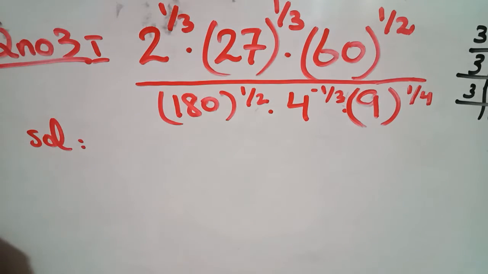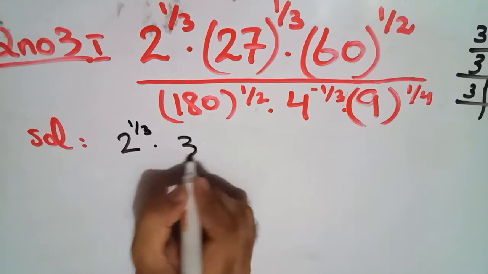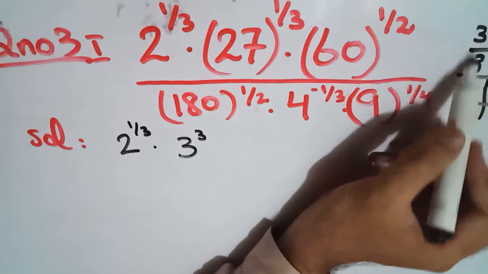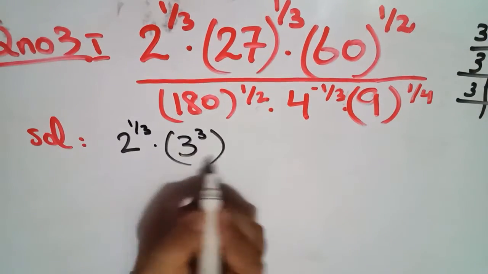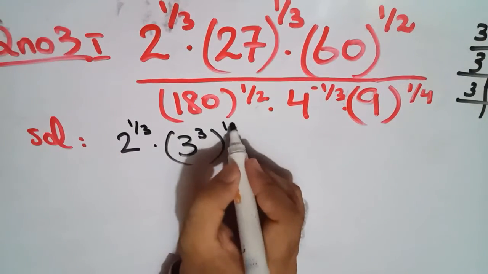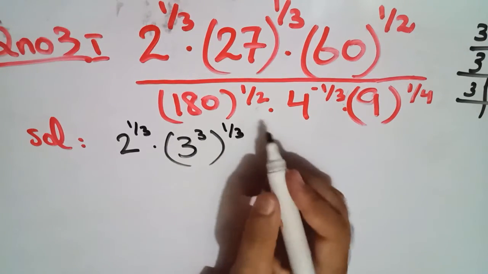Solution: 2 raised to power 1 by 3, 3 raised to power 3, because 3 appears 3 times, so we can write it as 3 raised to power 3, and whole power is 1 by 3.